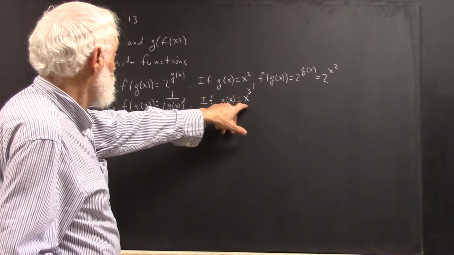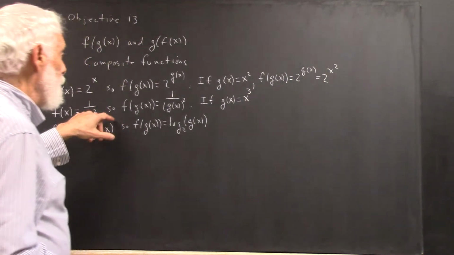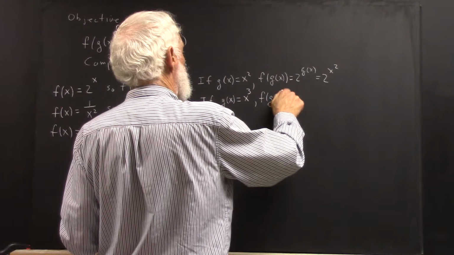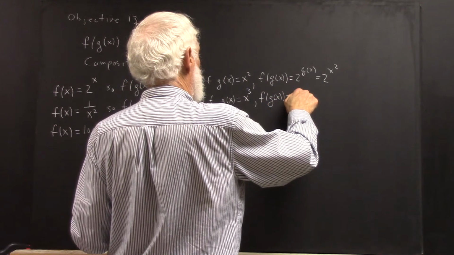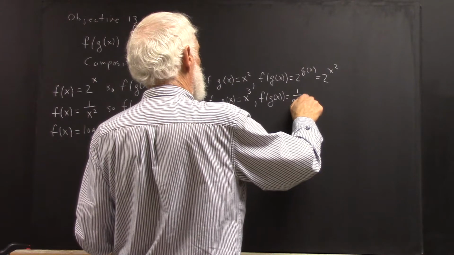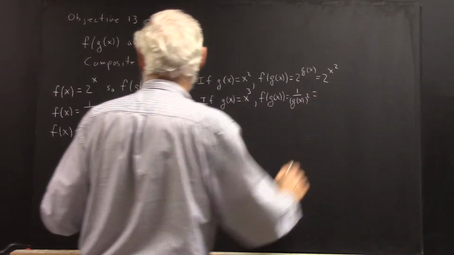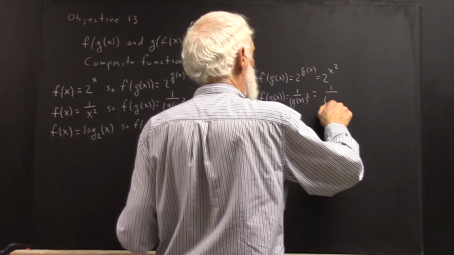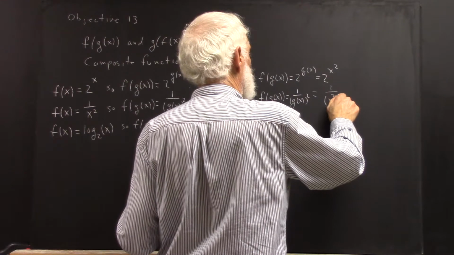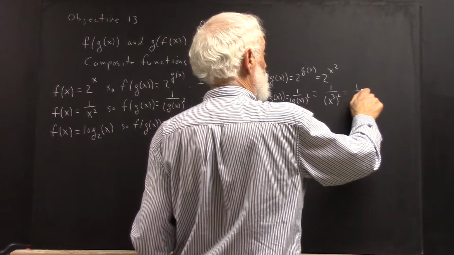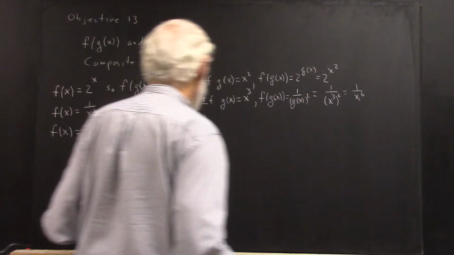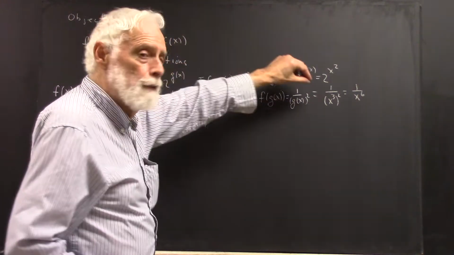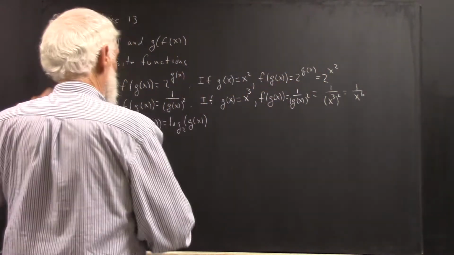Okay, if g of x equals x cubed, then f of g of x is 1 over g of x squared, as we've seen, and that's equal to what? 1 over x cubed squared, which is of course 1 over x to the 6th. These are new functions obtained by combining our basic functions. Okay?